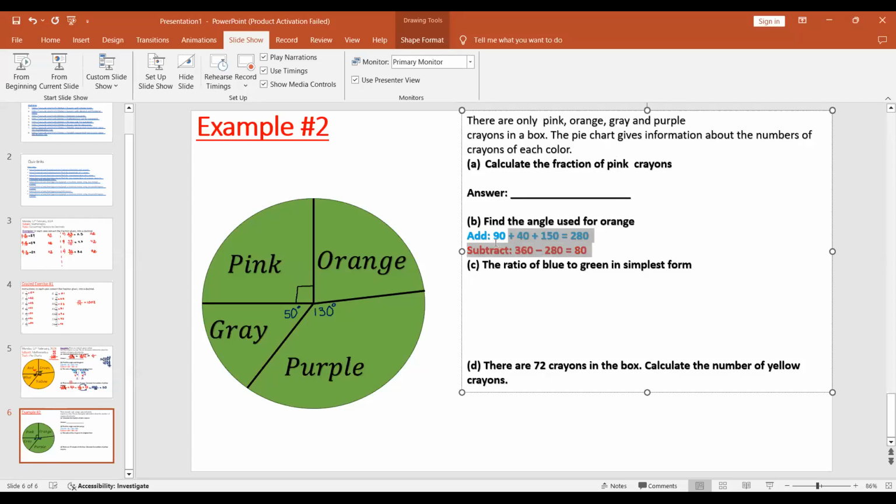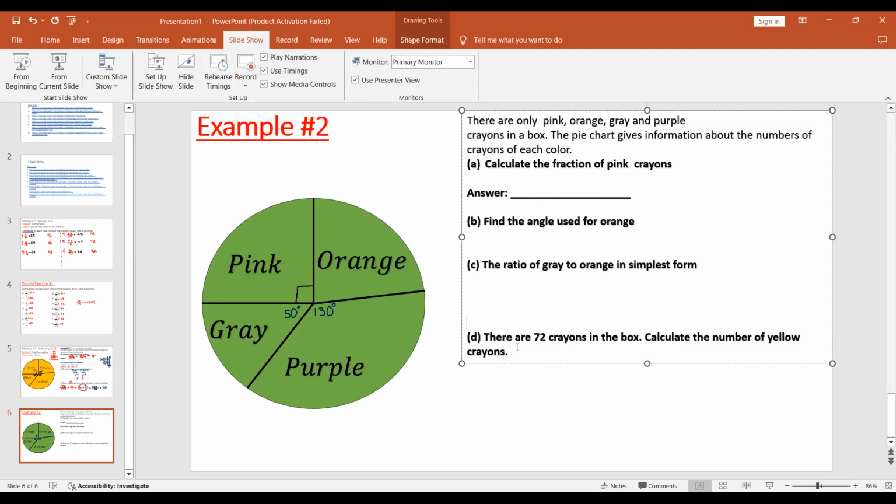I want us to find the ratio of gray to orange in simplest form. They say that there are 108 crayons.